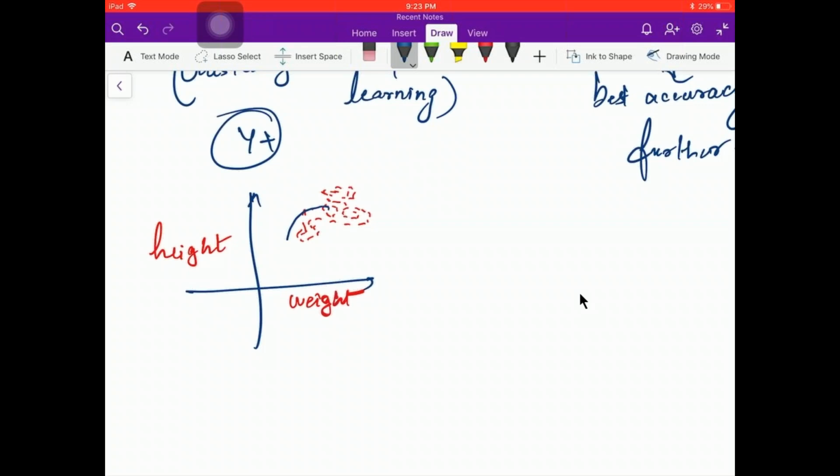I think there's a lag on the screen. We'll see the drawing in some time.